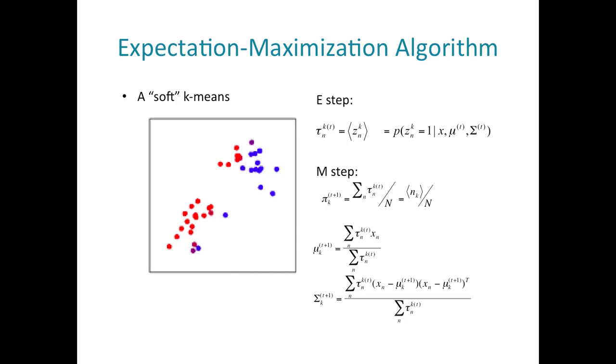And we compute that for all the different clusters that we have. Then during the maximization, we recompute those mixture parameters. So we recompute the mixture proportion, the pi k, based on the number of points that we have assigned to each cluster. We recompute the mean based on the values that we have and the probabilities that we have. And we recompute the covariance matrix.